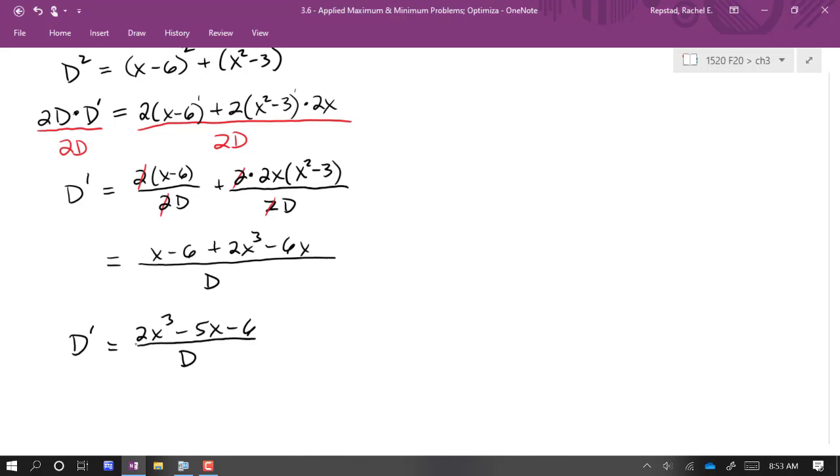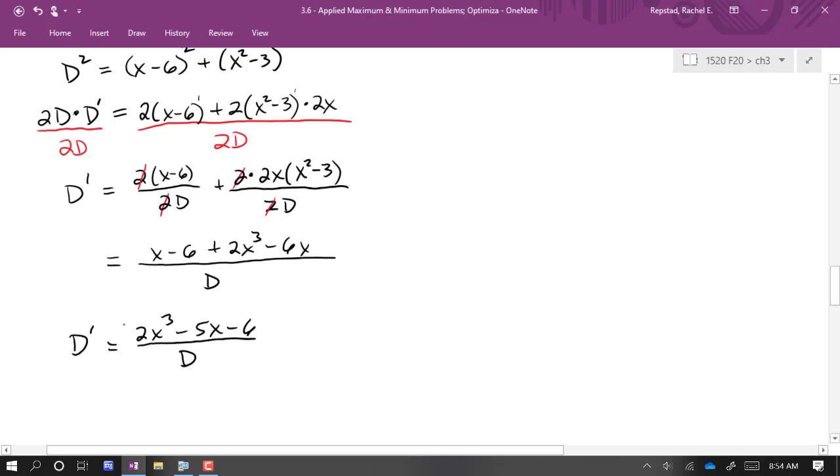So I know that when I find the critical values, I can check for a sign change just by checking for a sign change in the numerator. Whether or not d prime is positive or negative is determined entirely by what's happening in the numerator, the 2x cubed minus 5x minus 6. Now this looks like a generic cubic.